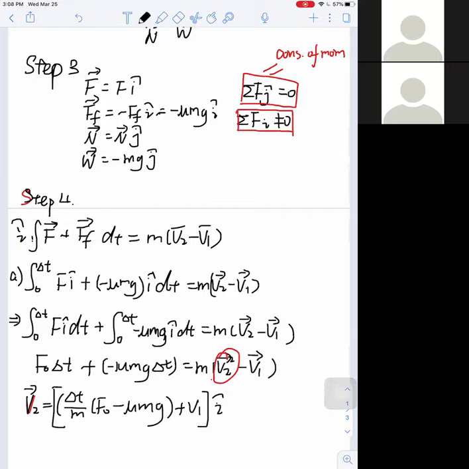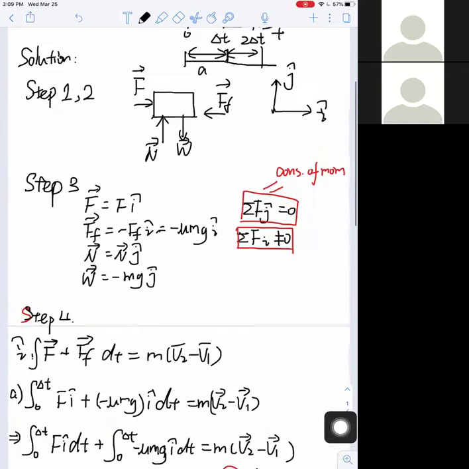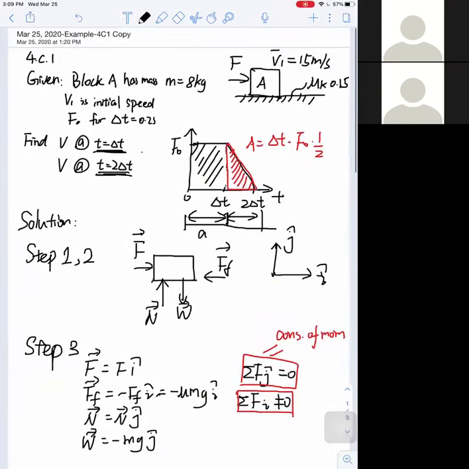So there you go. That's how you find the velocity for the block at time equals delta t. This is the expression. If the numerical values are given, you'll be able to find a value for v2. So any questions? So that will tell us how to solve this first part.